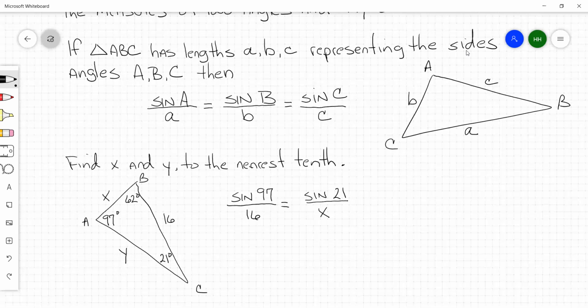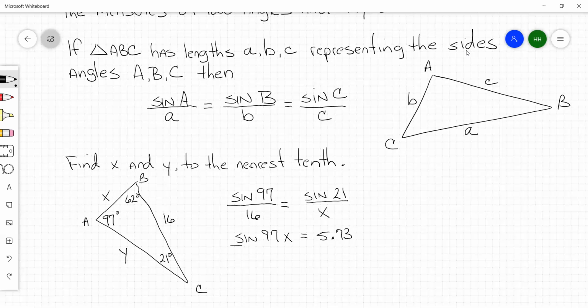So if you take sine 97 times x, you get sine 97 x equals 16 times sine 21. That's what you do in your calculator. So take 16 times sine 21, hit equals, 5.73. That's crisscross products.